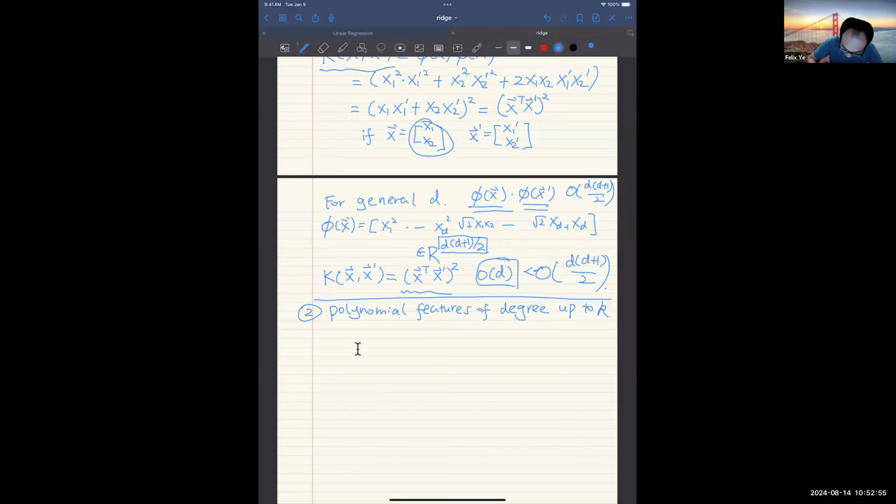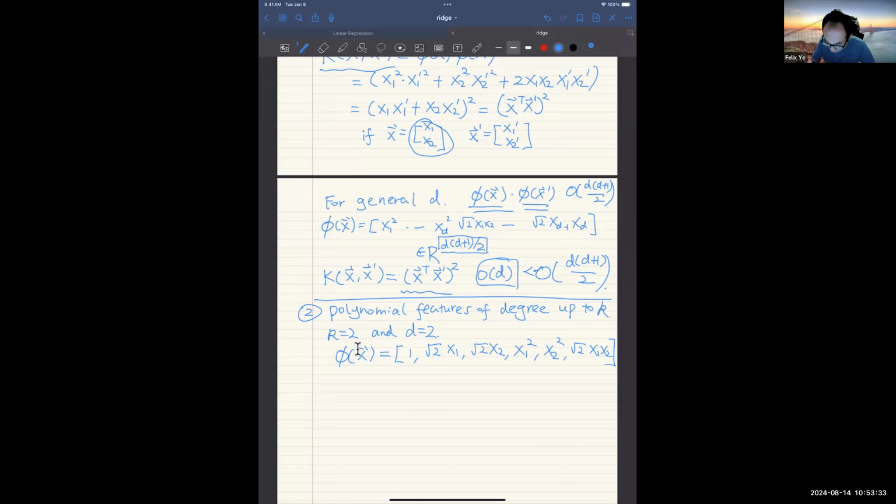We still consider the case k equal to 2 and d equal to 2. Then phi x right here becomes 1, square root of 2 x1, square root of 2 x2, x1 squared, x2 squared, square root of 2 x1 x2.